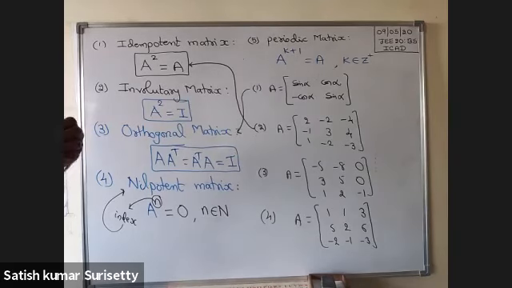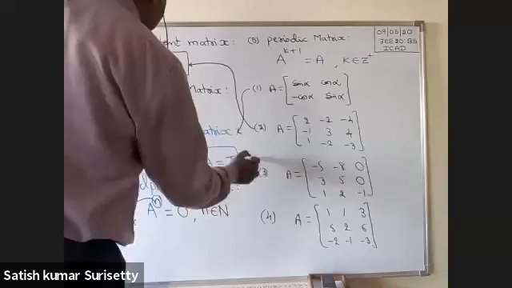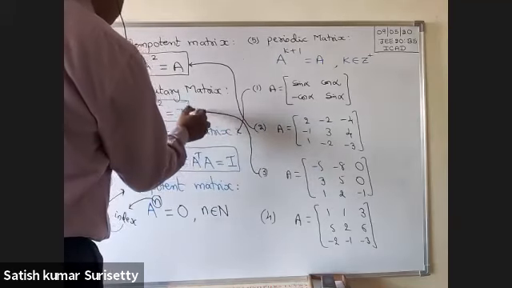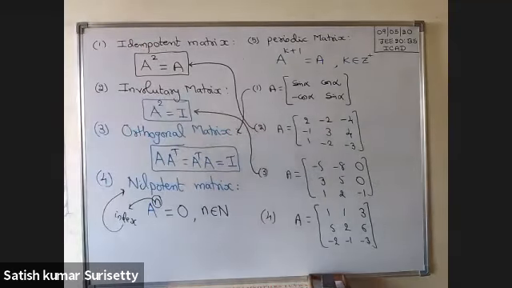Involutory. Yes. The third is involutory. That is, A square equals I. Try the fourth now.